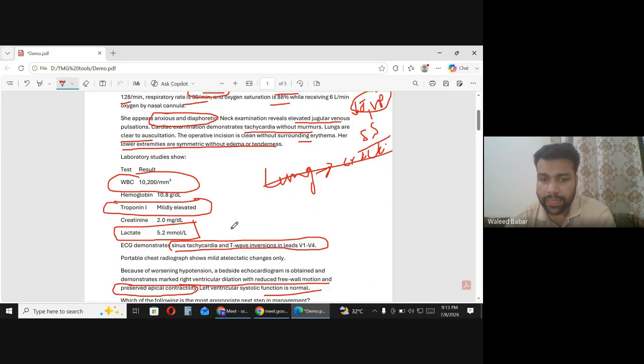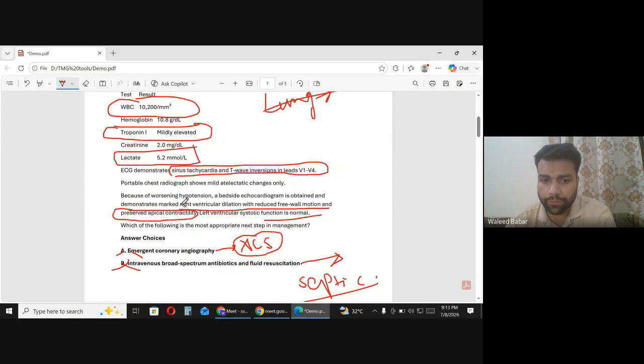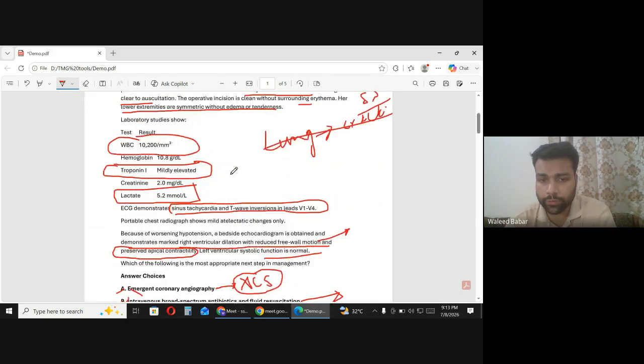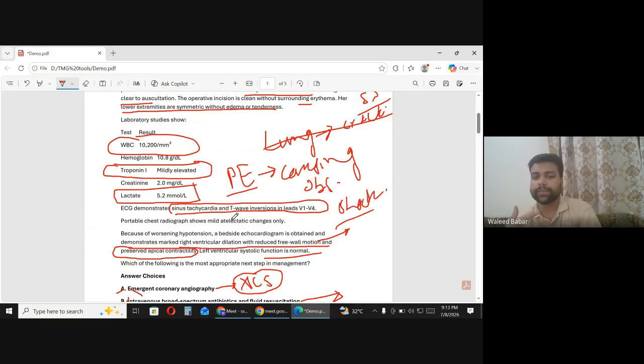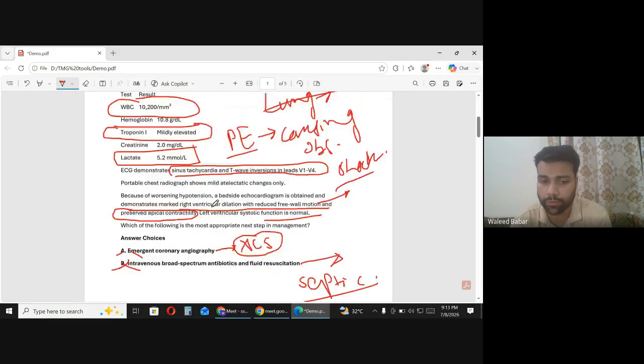And plus the echocardiographic sign of right ventricular dilatation with reduced free wall motion, which is McConnell sign, not very high yield for USMLE, but you should know in the back of your mind. The diagnosis is pulmonary embolism causing obstructive shock. What other two disorders can cause obstructive shock? One is cardiac tamponade and one is tension pneumothorax, right?